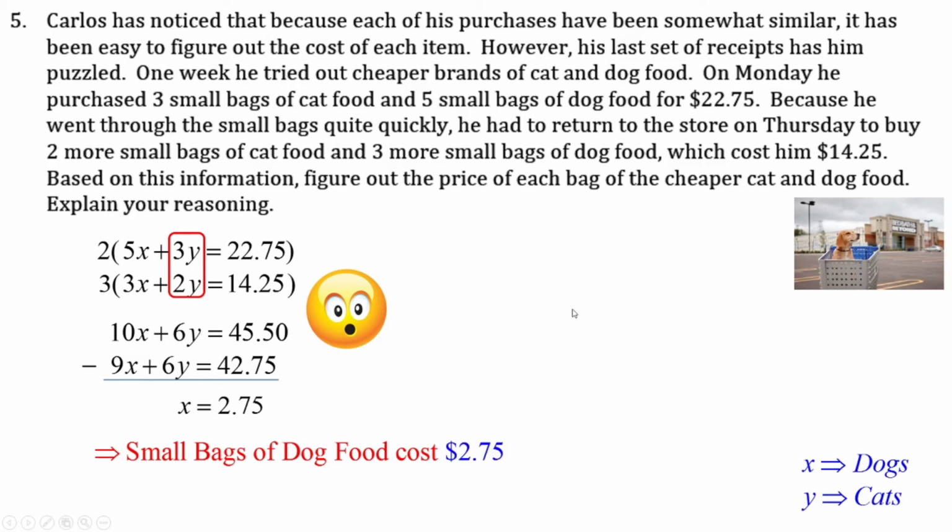Now let's substitute that 2.75 into one of the original equations for X to solve for the Y. How about this one right here? And remember, let's not use that 3 on the outside anymore. Keep it easy. So 3 times our X plus 2 times our Y is 14.25. And our X is $2.75.